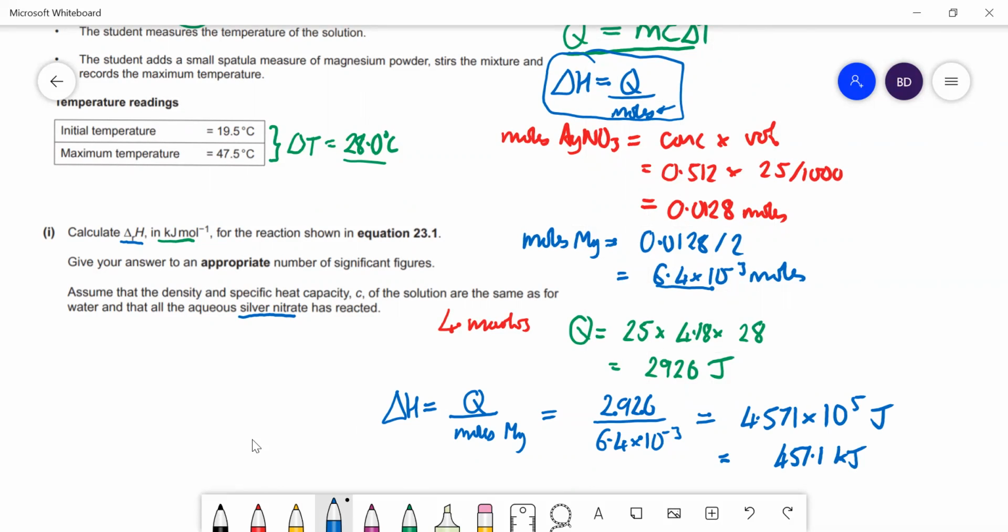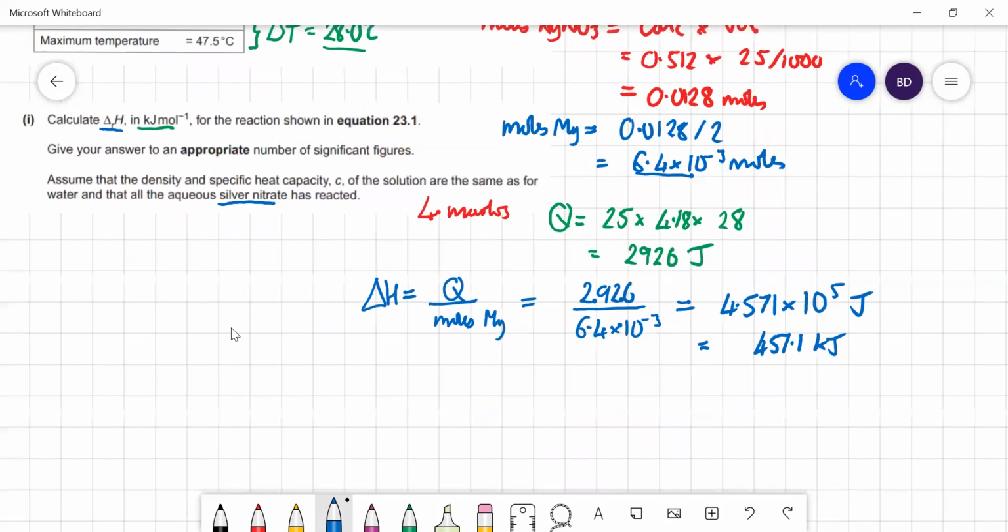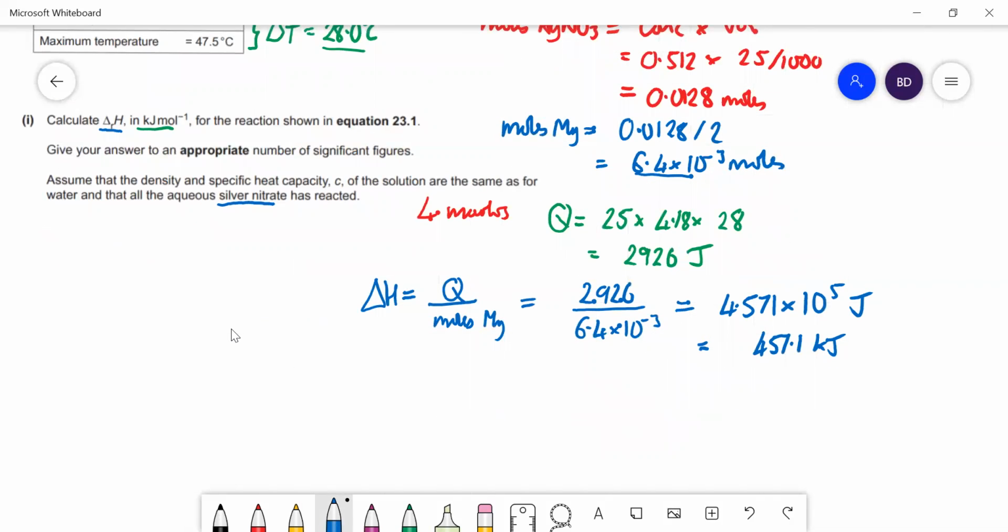And for delta H, we have to remember that because there's a temperature rise, delta H is going to be negative. Let's give it to an appropriate number of significant figures, which should be 3, because all the data is given to 3 figures. So delta H is equal to minus 457 kilojoules per mole.